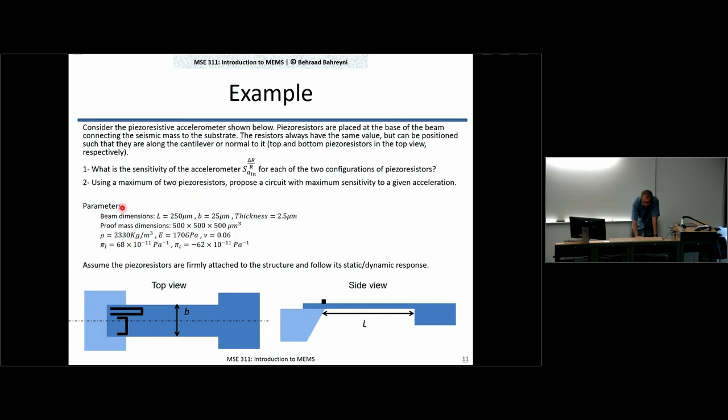And device parameters are given as shown here. So the assumption here is that the piezoresistors follow the deflections of the main structure, or in other words, they bend with the main structure, right?